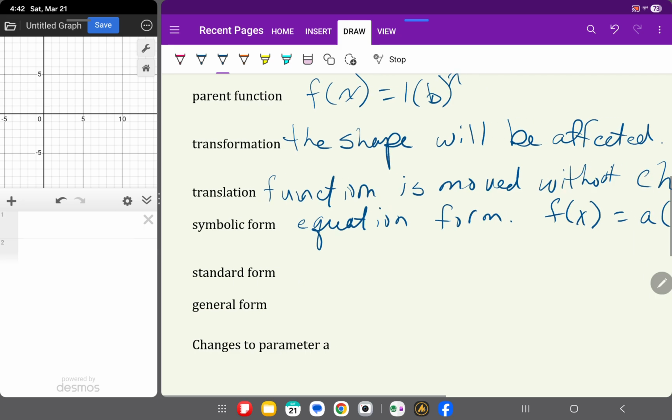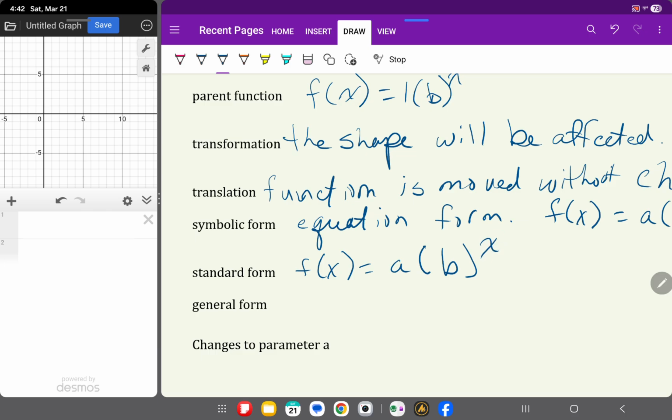And so that is our symbolic form. Standard form is just generally written that way. So our standard form also in this case happens to be our parent function. So f of x equals a times b raised to the x power. That's just our standard form.